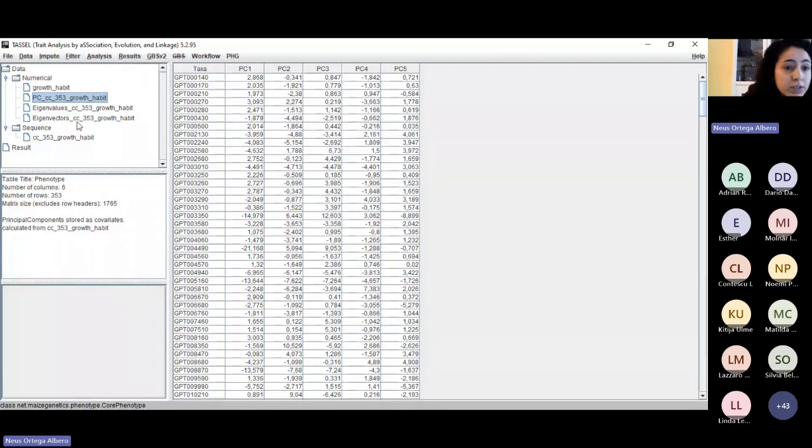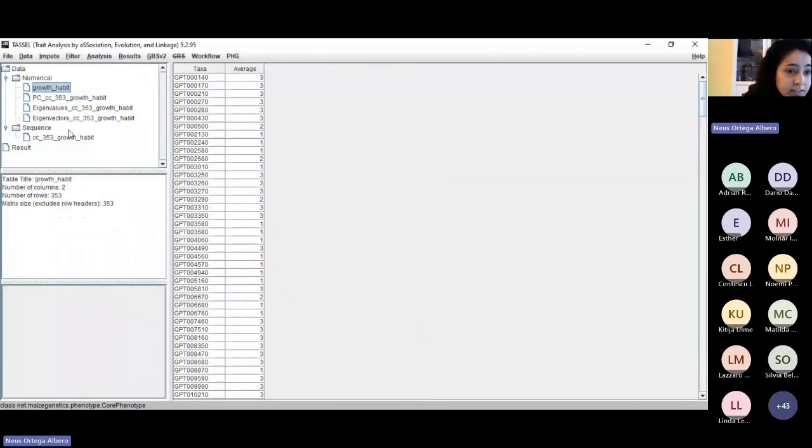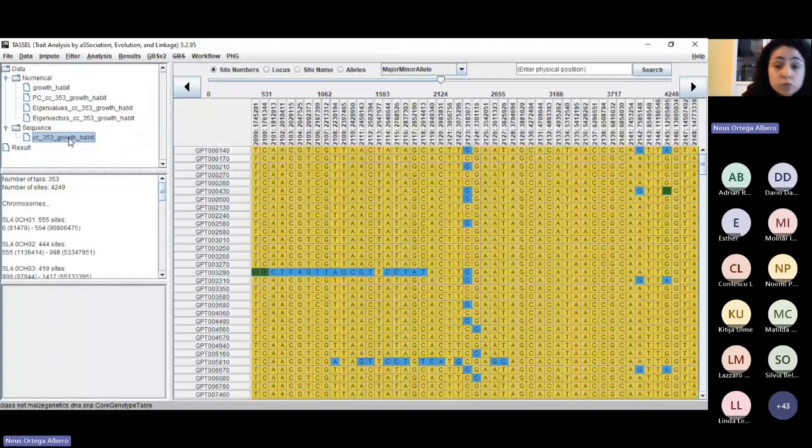What I wanted to say is that we need to take into account that individuals might have some relationship among them, and we need to tell the program that this needs to be taken into account to avoid bias during the GWAS analysis.